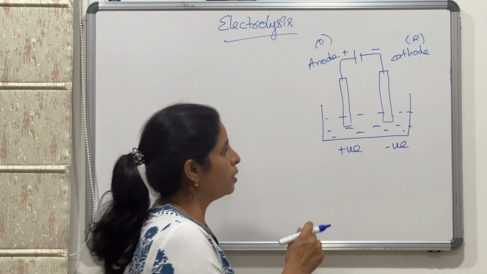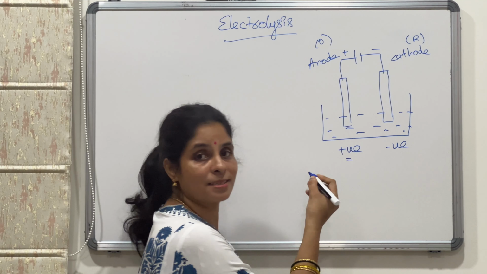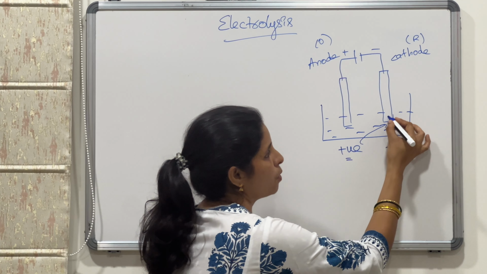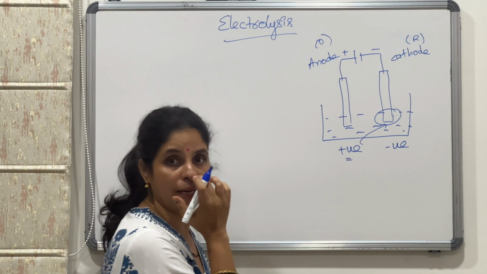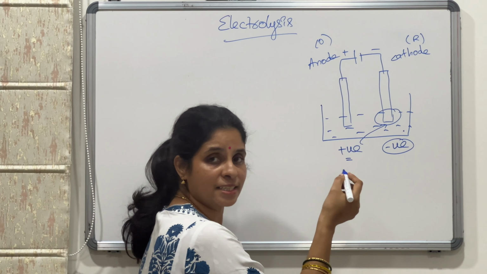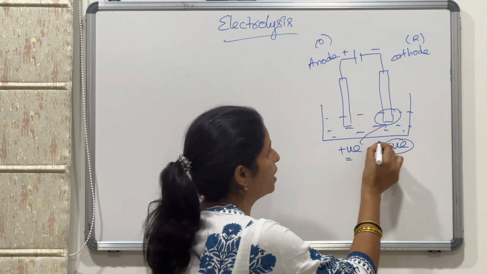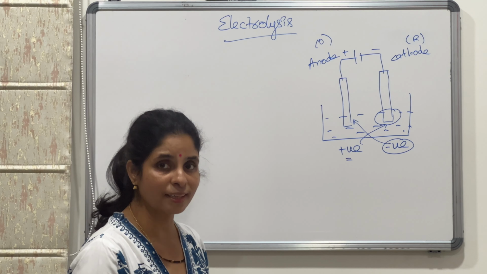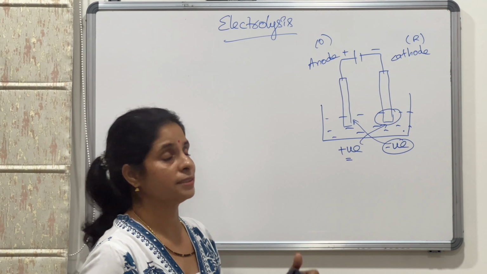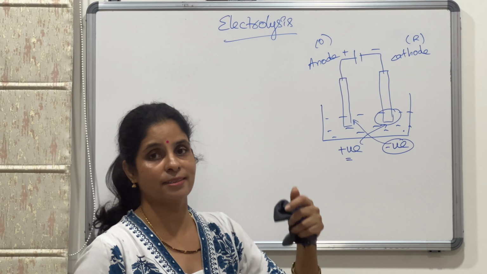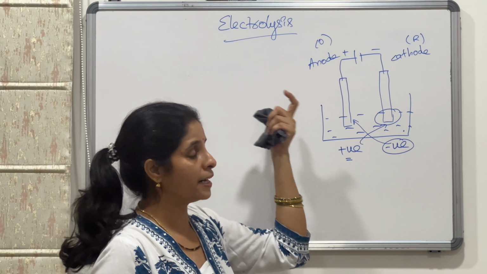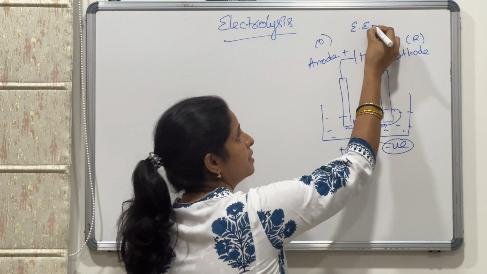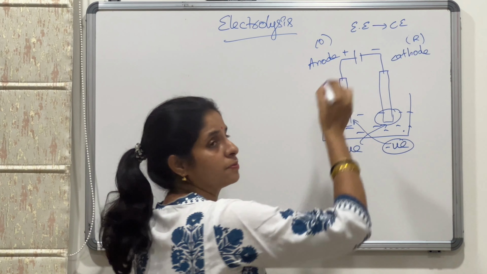Positively charged species like cations will migrate towards the negative side and deposit at this electrode, and the negatively charged ions, meaning anions, will go and deposit at this positively charged electrode. Clear? This is electrolysis. Electro means electricity, lysis means cleavage. So here it is electrical energy to chemical energy.